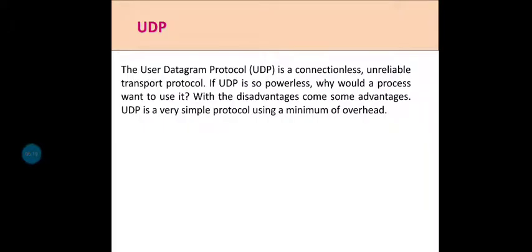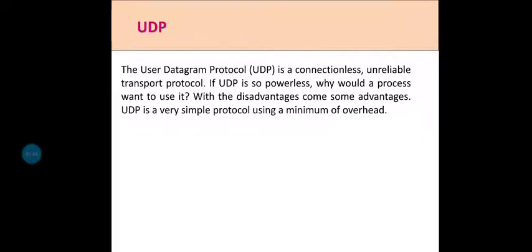UDP, the user datagram protocol, is a connectionless, unreliable transport protocol. If UDP is so powerless, why would a process want to use it? With the disadvantages come some advantages, and that's why we go for UDP.